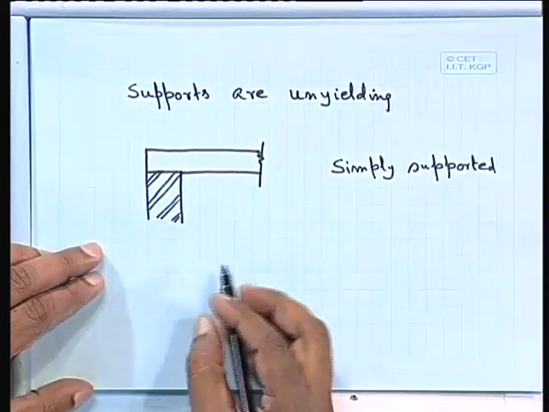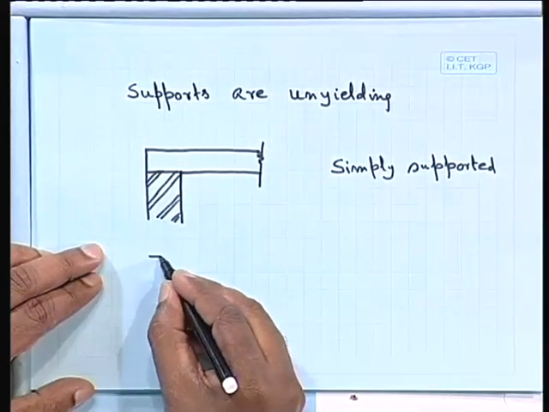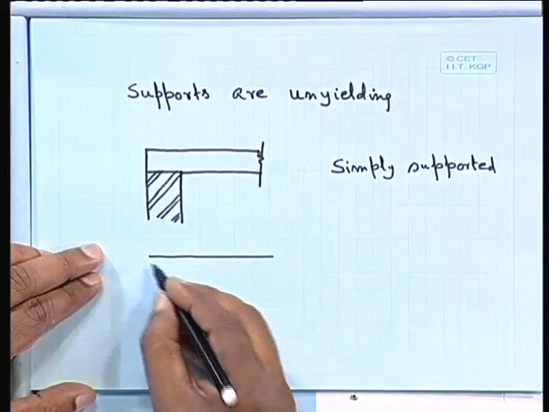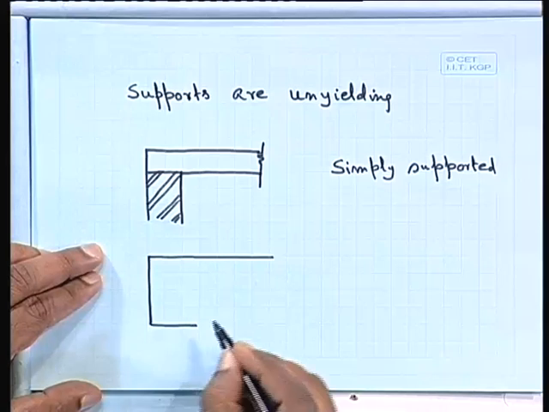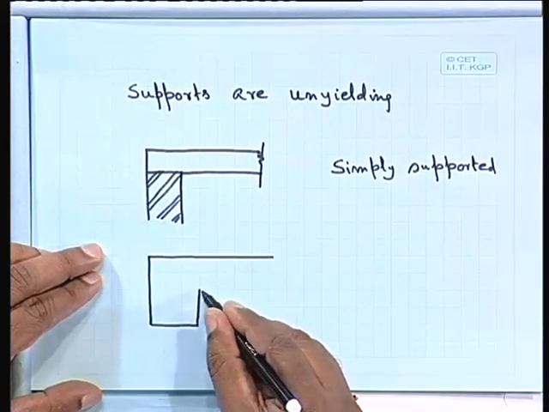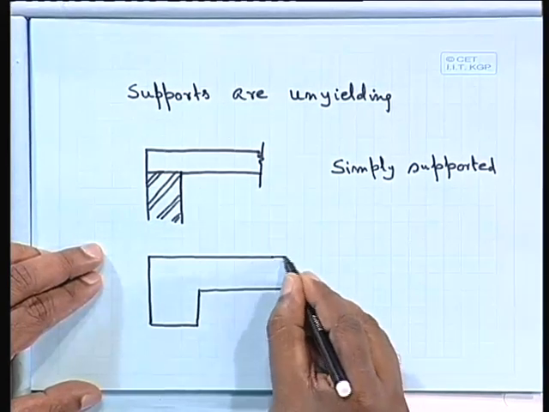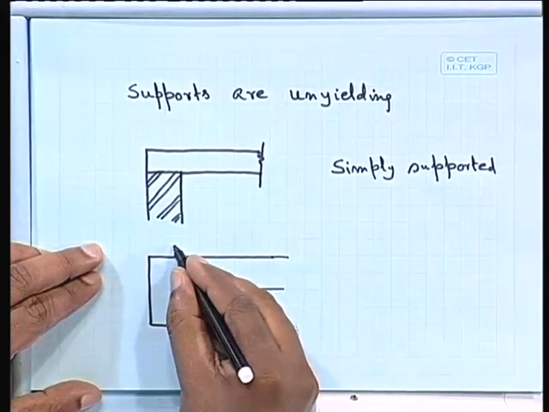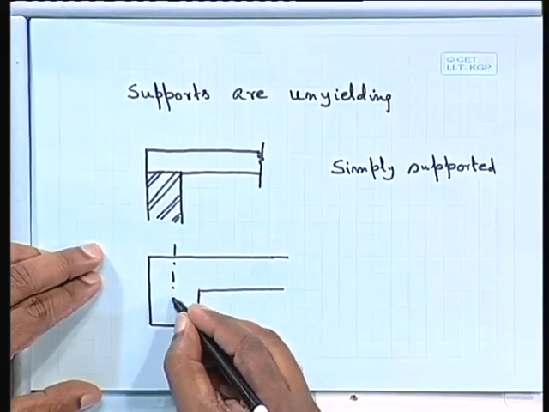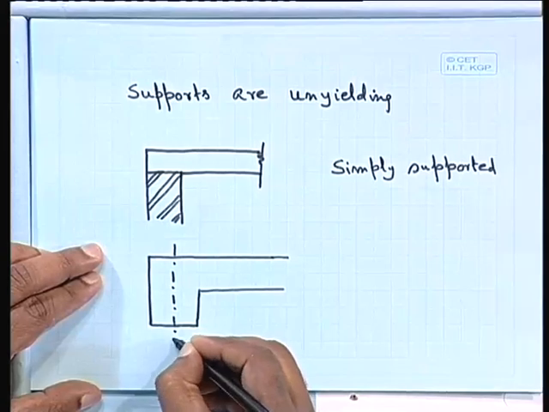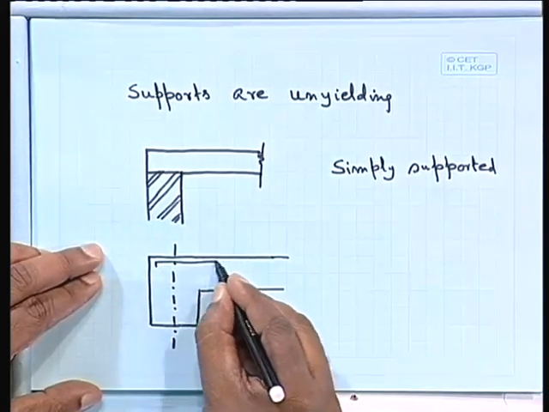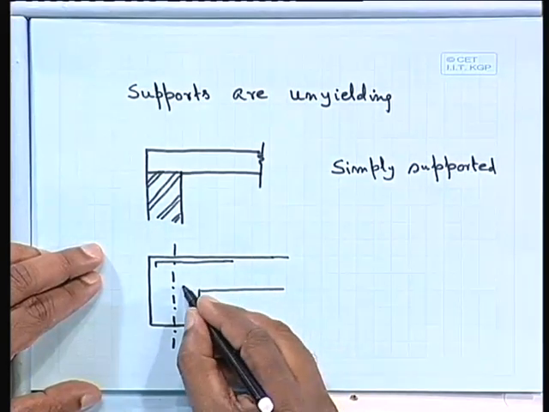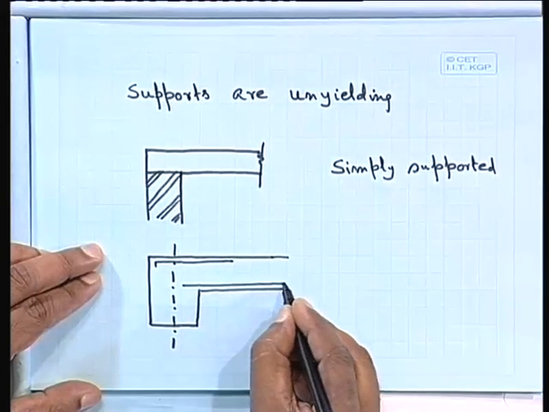It can have certain kind of support like this, there is an end beam, say, and the reinforcement at the top we shall get, and then at the bottom also we have to provide the reinforcement.